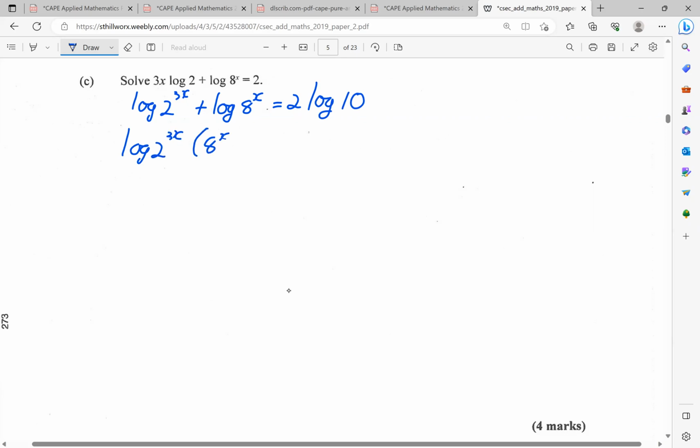Let's bring everything in. So this is log of 2 to the 3x plus log of 8 to the x is 2 log 10. Log of 2 to the 3x times 8 to the x is log of 10 squared.